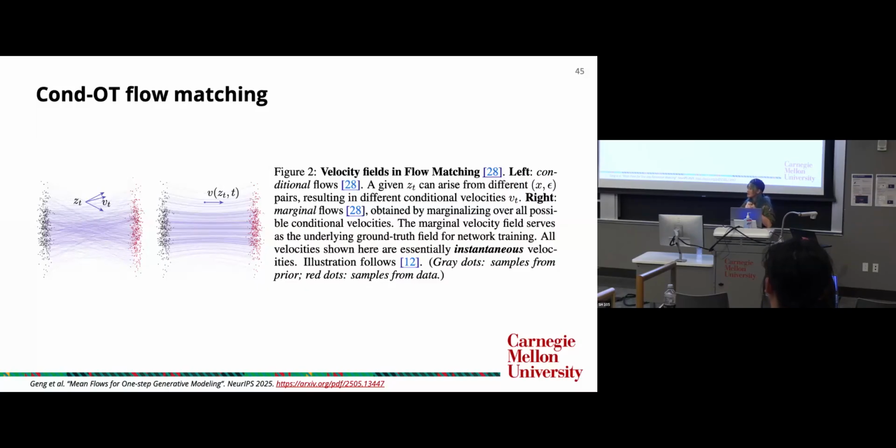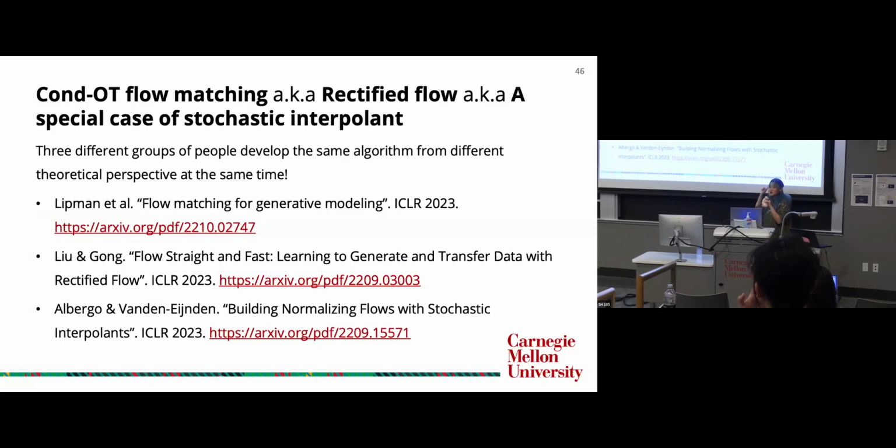Okay, any more questions? Cool. Actually, this thing is super cool because the same algorithm was developed by three different groups of people at literally the same time, at the same conference, and they all got in. The first group is a group at Meta FAIR, which is the group that I interned at, actually.